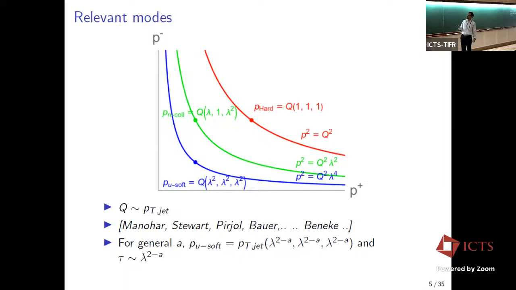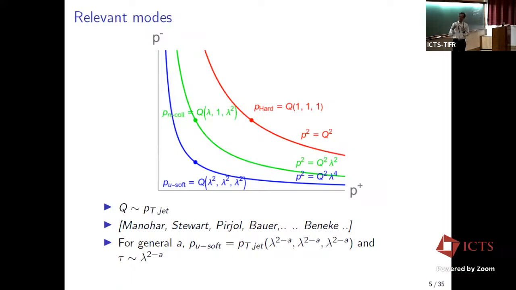And this is nicely summed up in this particular plot. So these are the soft modes. Lambda is a quantity which is smaller than 1, related to tau, basically. And they are soft because they have small momentum components. But as we saw, they contribute with the same strength as the collinear modes. And then far apart from that is the hard process.